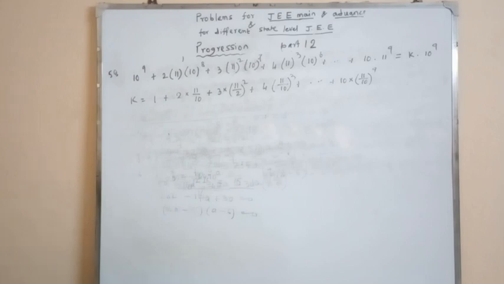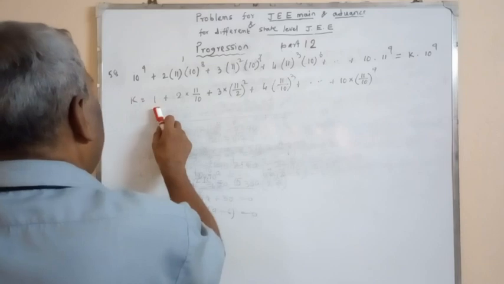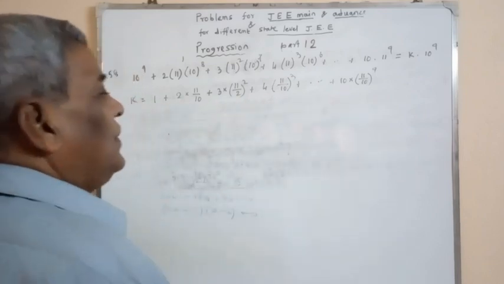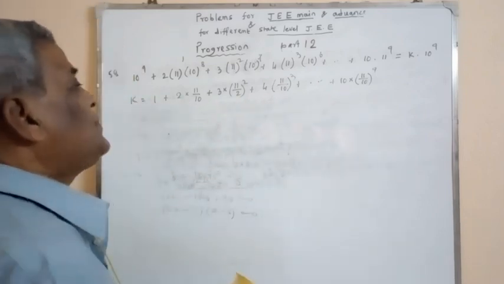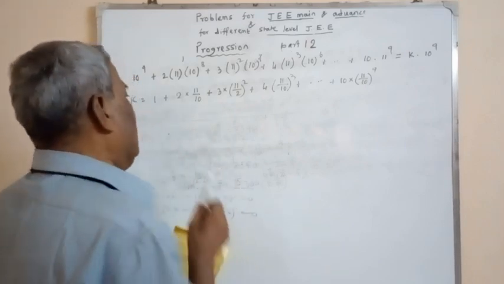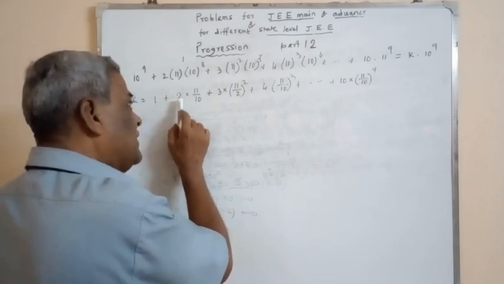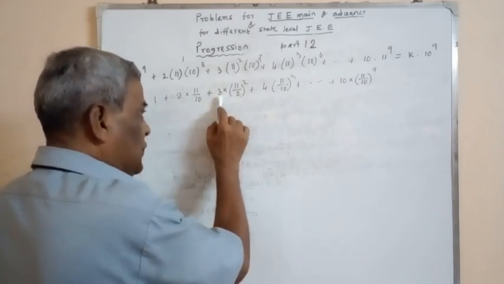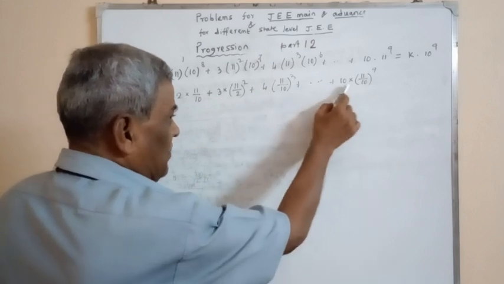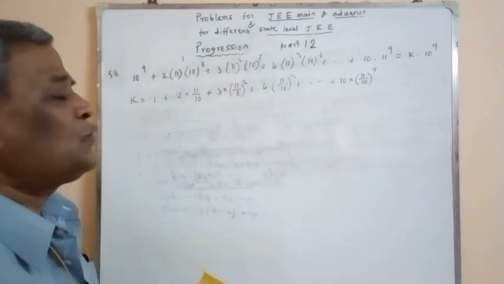Now clearly k is a series containing these terms. One factor is increasing in AP: the first term's factor is 1, then 2, 3, 4, 5 up to 10. So they are increasing in AP with common difference 1.